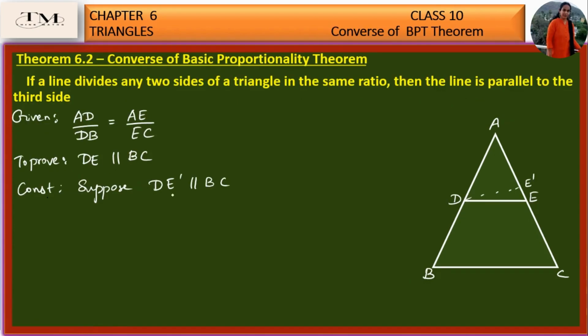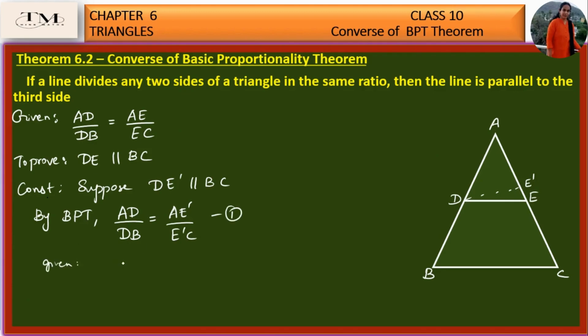So we assume that DE dash is parallel to BC. Then by BPT, that is by the basic proportionality theorem, AD by DB will be equal to AE dash by E dash C. So this is 1. What is given?